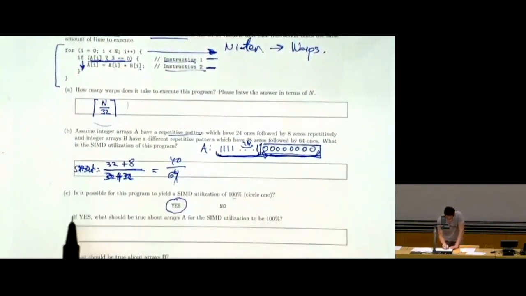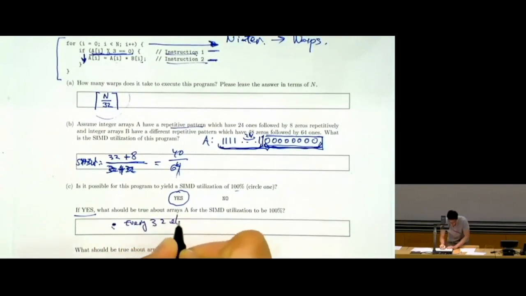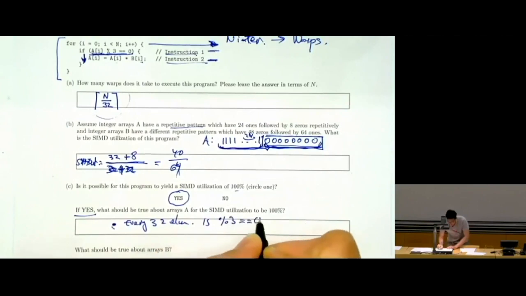So the answer in this part, if yes, what should be true about array A for SIMD utilization to be 100%? The answer here is two possibilities. Every 32 elements is divisible by 3, or every 32 elements isn't divisible by 3.